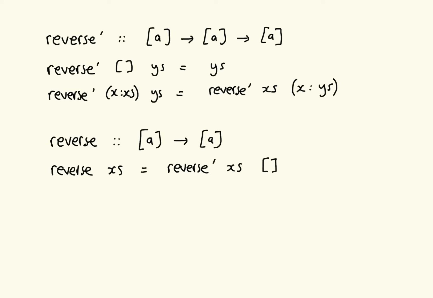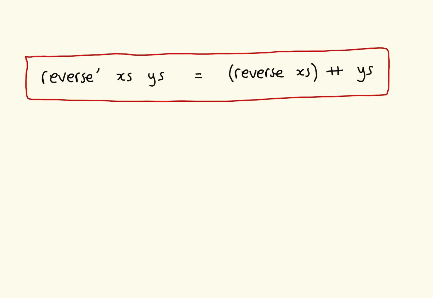And why is this the right thing to do? Why does this give us the behavior of the original reverse function? If we look back to our specification here, the second argument is being appended on the end. That's the behavior of the reverse prime function. So if we pass in the empty list as the y's parameter, that's going to append the empty list onto the result of reversing the list x's, which will of course have no effect.